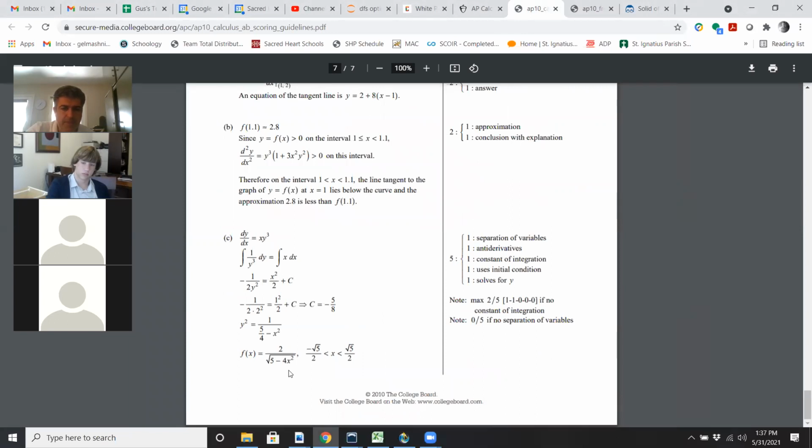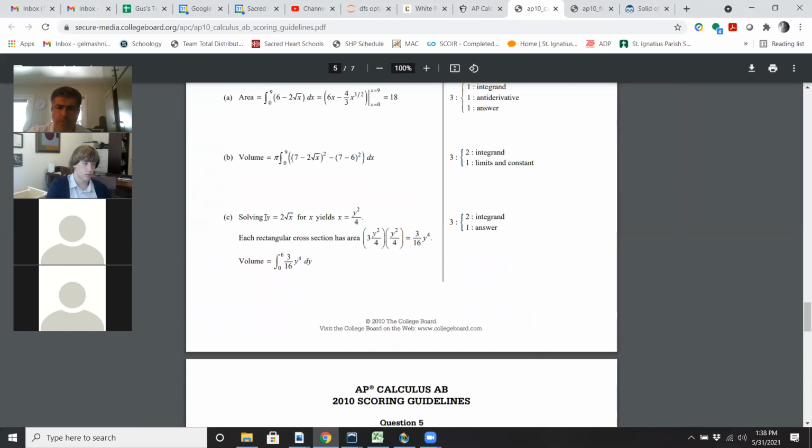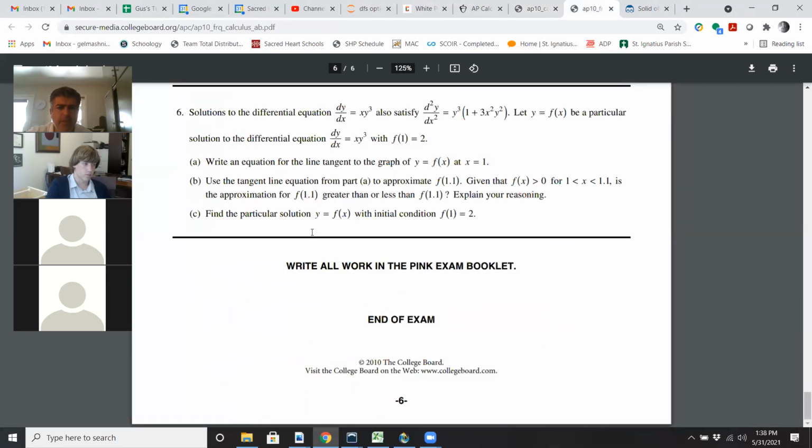Don't know if you have to give the domain necessarily, but 1 point for separate, 1 point for answer, 1 point for constant integration, then 1 point for actually using it. And then, of course, 1 point for solving for y. So, yeah, they don't really get too much values, so don't really worry so much about that.